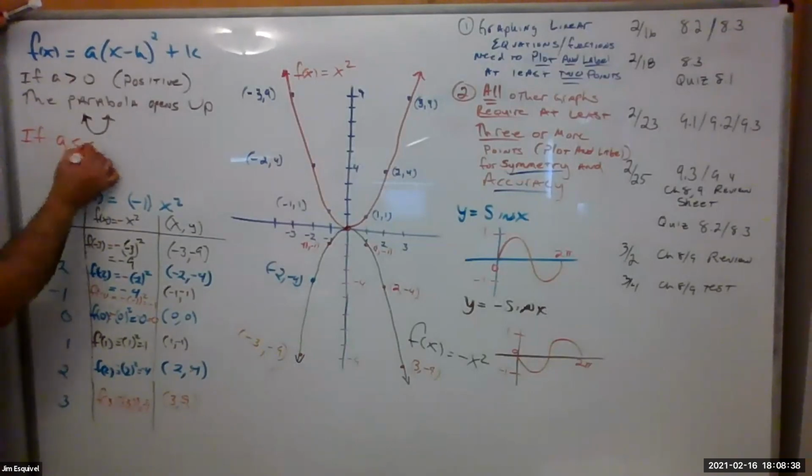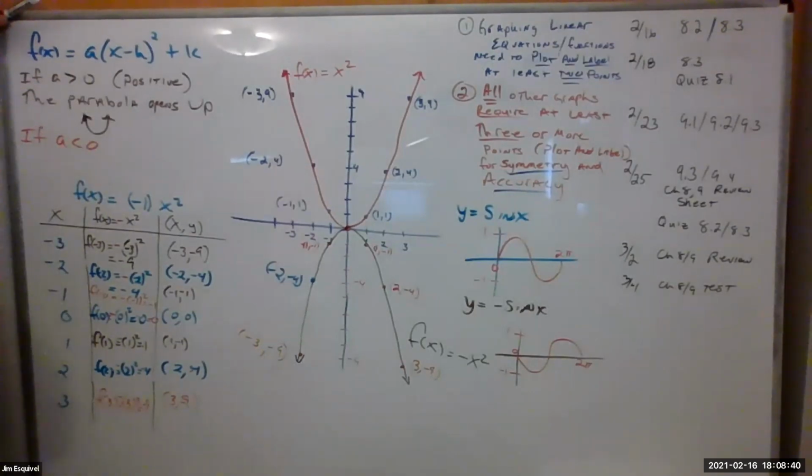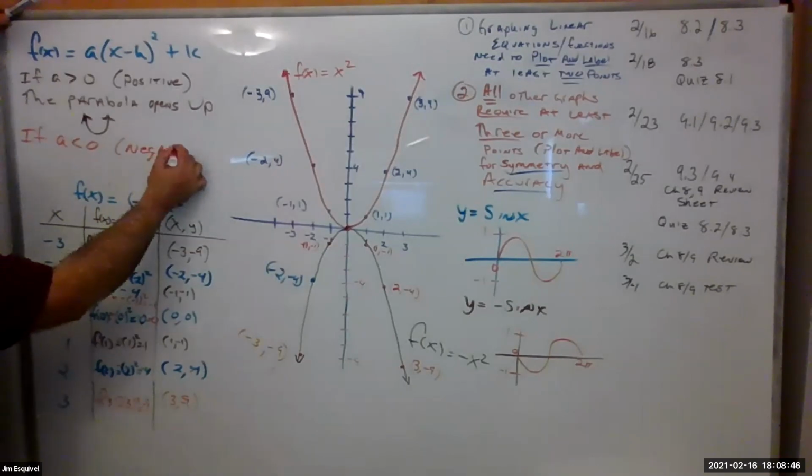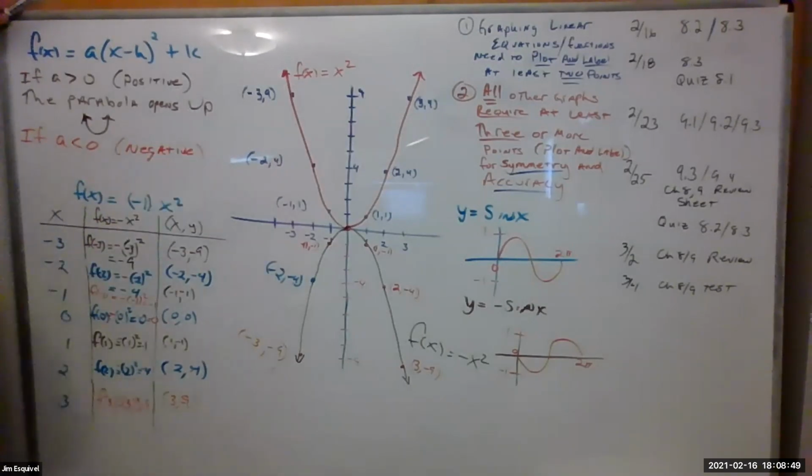If a is less than 0, what kind of numbers are less than 0? Negative numbers. When you're a negative person, you're kind of grumpy, frowny.